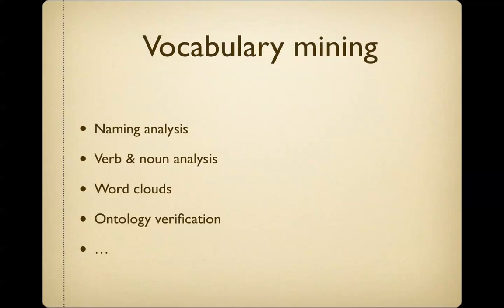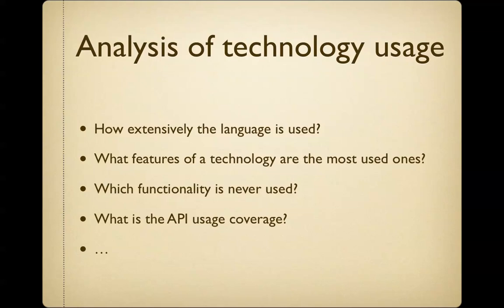You can also do vocabulary mining, so extract the names of the entities from a solution, and then do some analysis on them, like, I don't know, identify verbs, nouns, draw word clouds, and compare it to some existing ontology, for example, and by comparison, verify that ontology. You can also analyze the technology used.